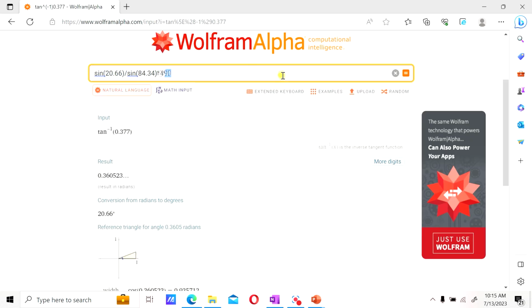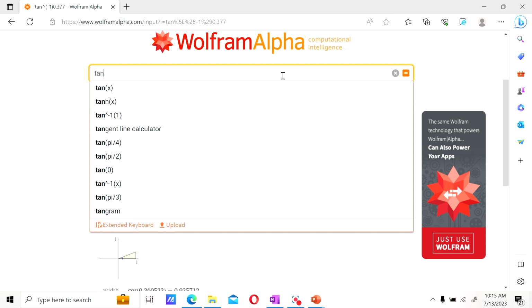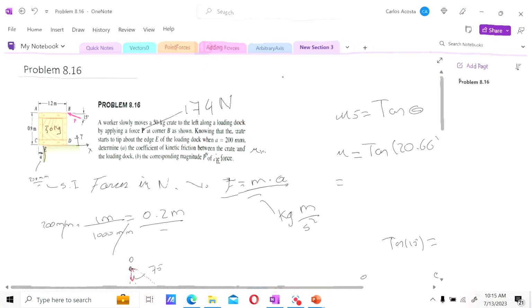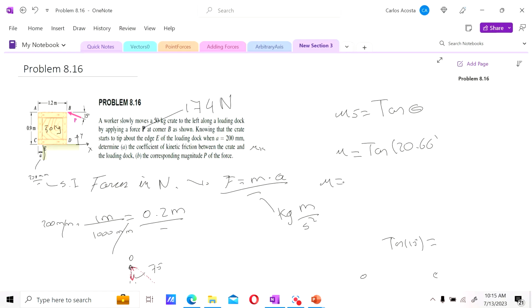Tangent of 20.66 is 0.377. So this friction coefficient is 0.377. Basically it's taking 37.7% of the normal force to tip this box off the dock.